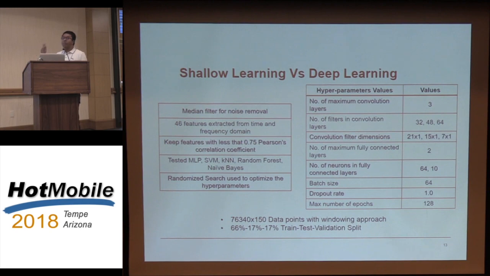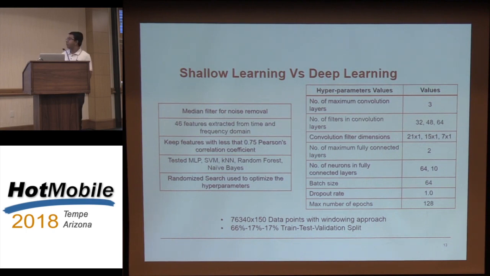And then we compared that performance with that of the deep learning method. In this case, these are convolutional neural network-based methods. The parameters of the convolutional neural network are listed here. We tried different combinations. We started with a simple one, and then we moved to complex architectures.